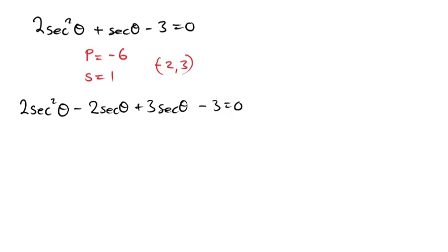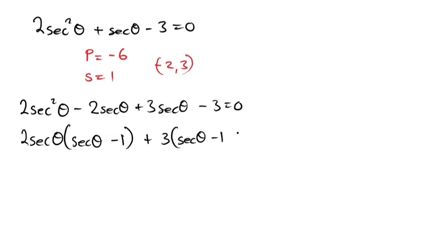This is equal to 0. Alright, so for the first two, we can clearly see that 2 and sec are common. So what remains here is just a sec. What remains here is a 1. For these two, 3 is common. So what remains is a sec minus 1. This is equal to 0.